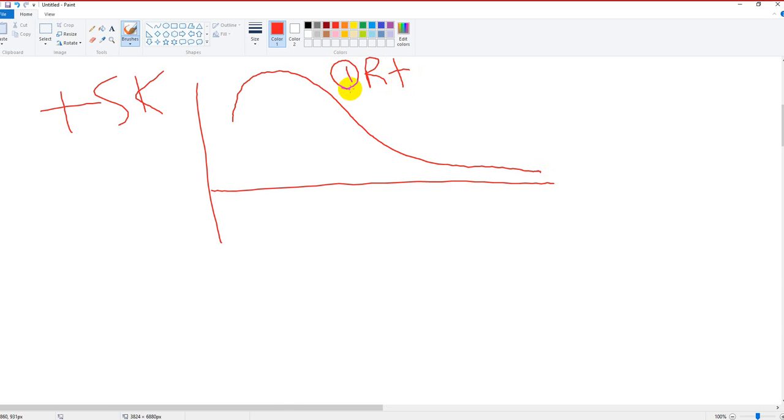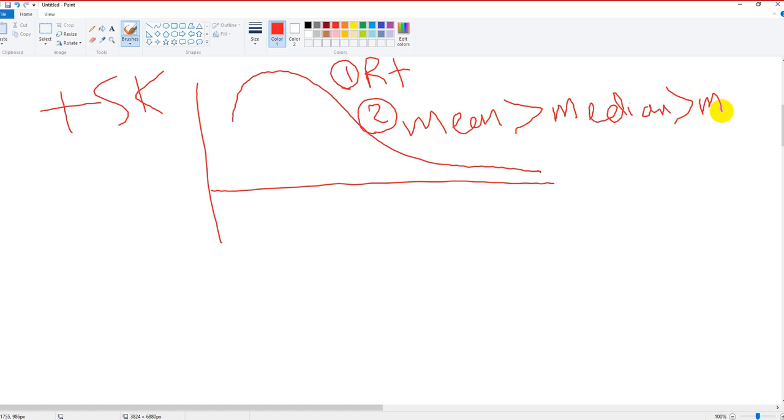Number one, the tail on the right. Number two, the mean is more than the median and more than the mode. That's the positive skew, and that's all you need to know about it.